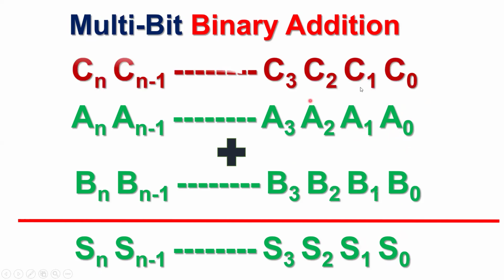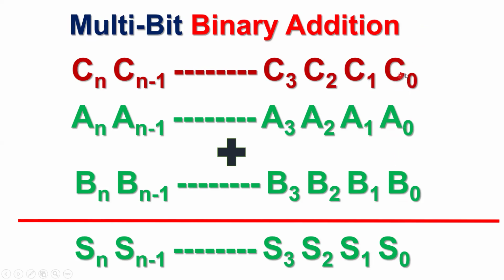Now, there is a concept called carry, starting from again C0 representing LSB up to Cn in the n-bit binary addition. So to understand this, the initial carry bit, that is the C0, is right over here. It could be a single bit representing logic 0 or logic 1 that gets added to the sum of A0 and B0.